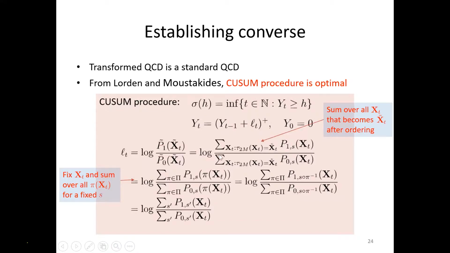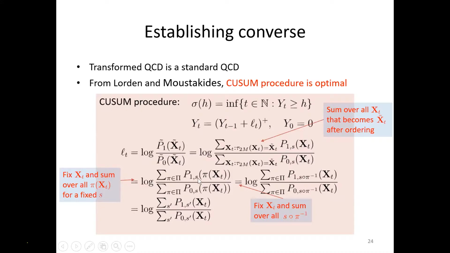This is the same as fixing X and summing over all the permutations, for a fixed S. So this is equal to fixing X and summing over all the permuted assignments.